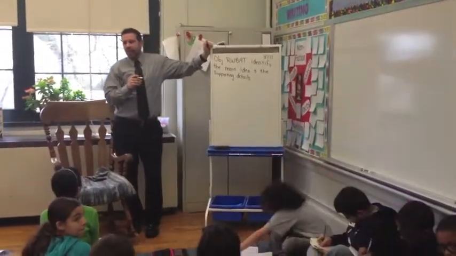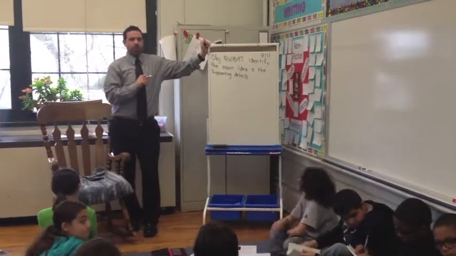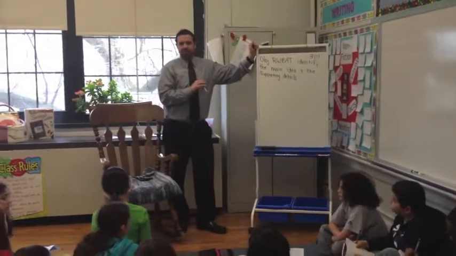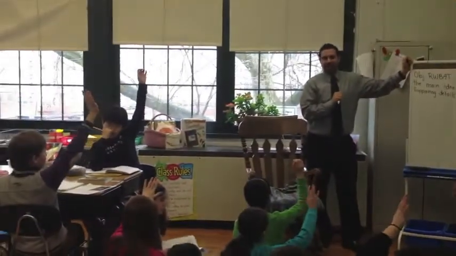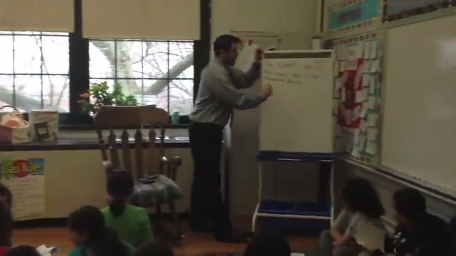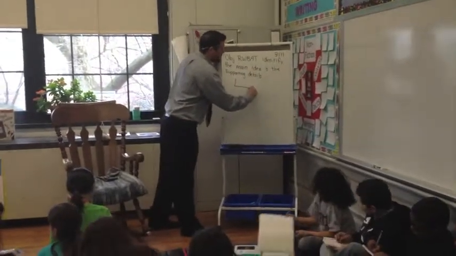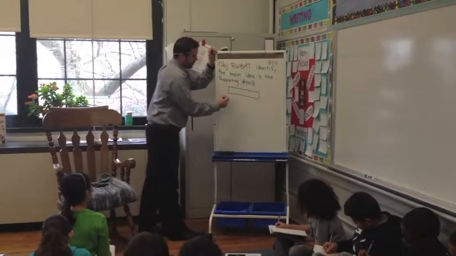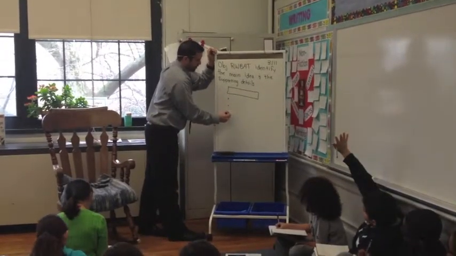The best way that we can do this is we're going to use a graphic organizer called boxes and bullets. How many of you heard of boxes and bullets before? Okay, good. So let's draw an example of a boxes and bullets organizer. It really is just a box like this, and then right below it are going to be bullets.